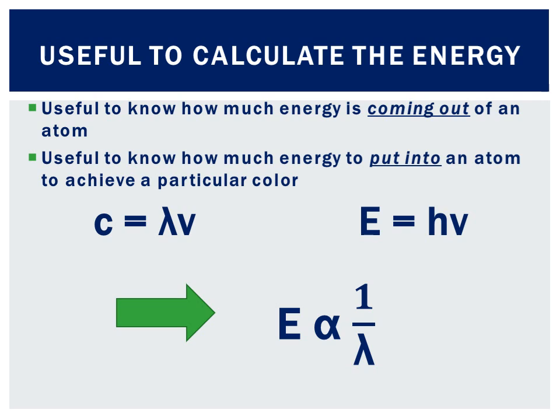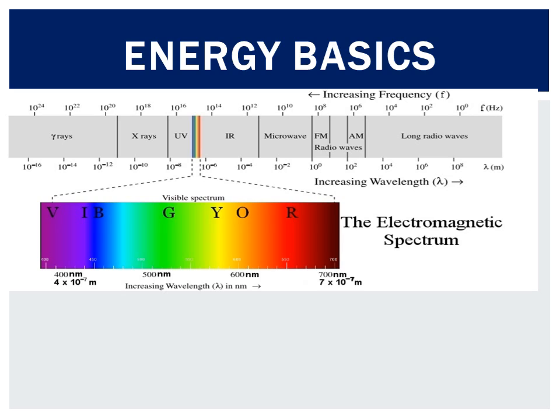So they're kind of opposite each other in trends. As energy goes up, wavelength goes down. As wavelength goes up in value, energy has to go down. They're inversely proportional.